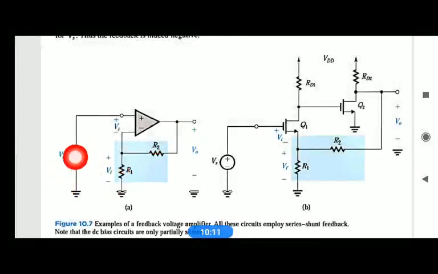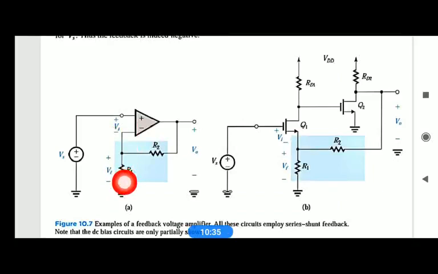When you apply Vs here, an increase in Vs causes an increase in Vi. Why? Because Vs is equal to Vi plus Vf.